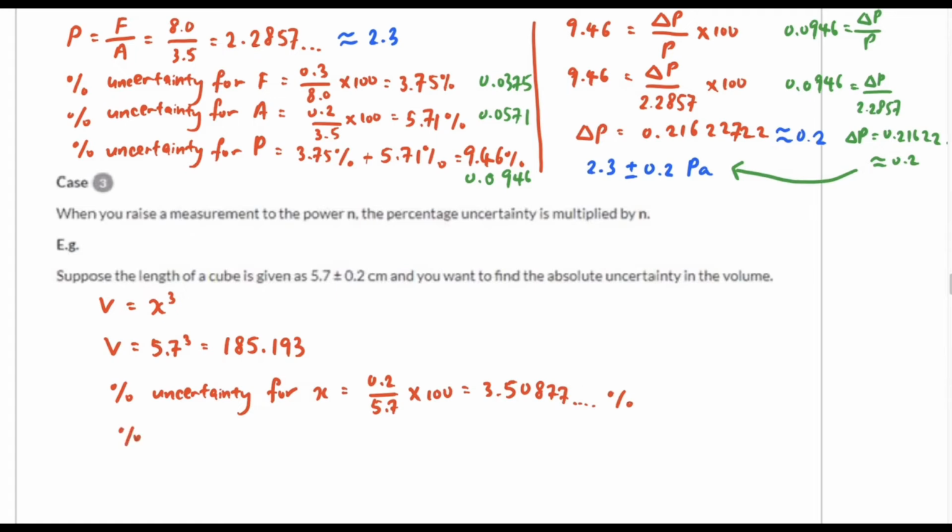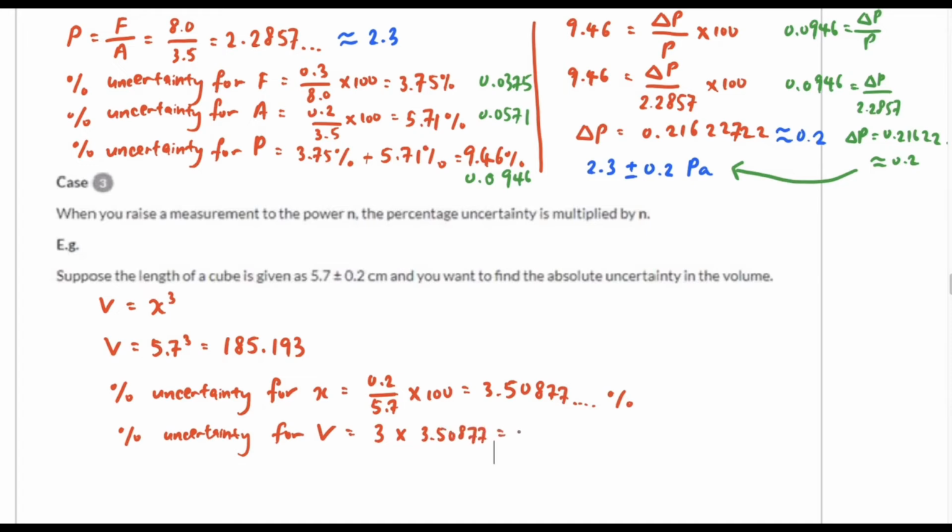Now, the percentage uncertainty for V. So of course we need to times 3. It is 3 times the percentage uncertainty for x.